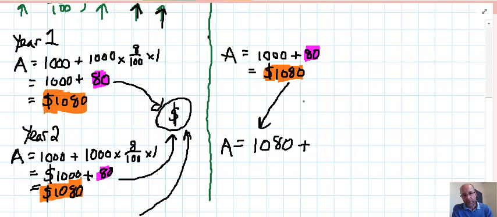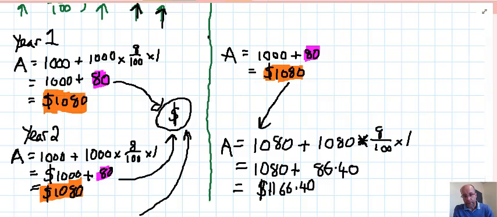But with this one over here we have 1,080 plus 8% of the 1,080, so it's 1,080 times 1.08 for another year, that equals 1,166.40. And oh my gosh, I've just spotted an error on the left hand side.